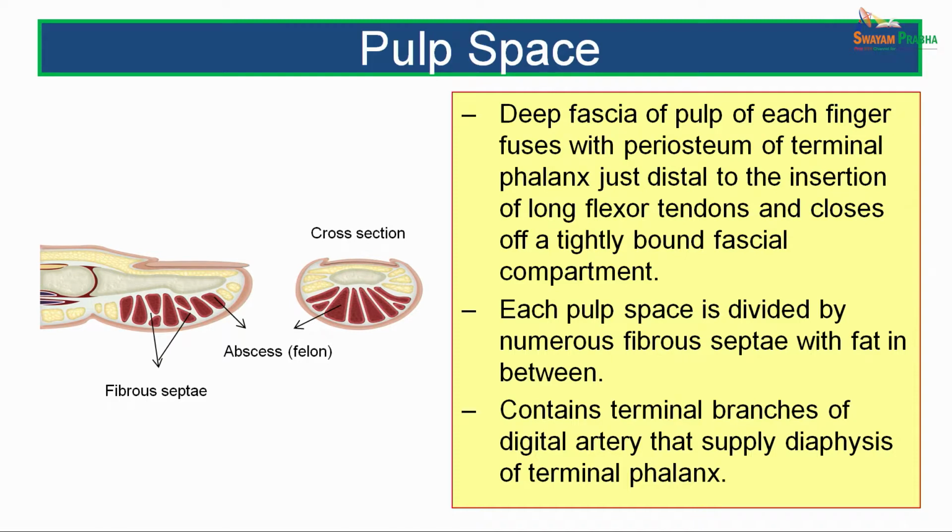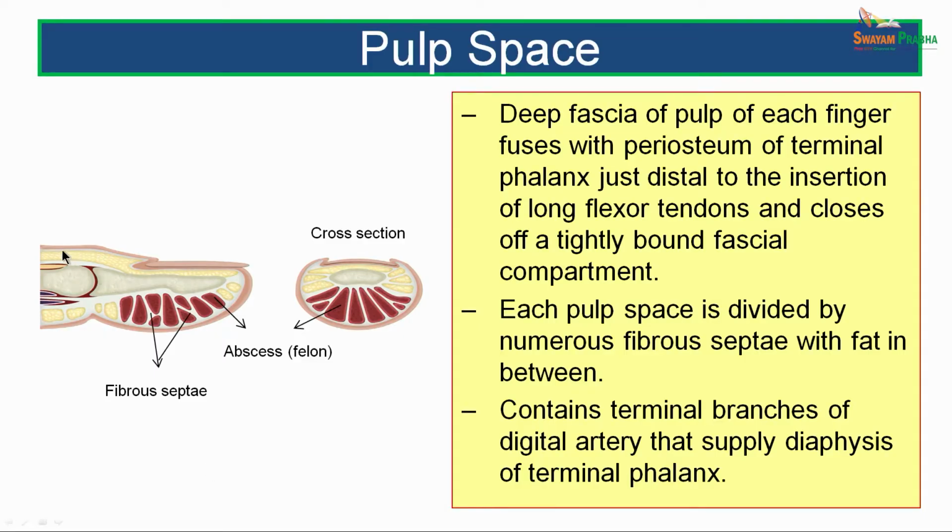These digital arteries pass through the fibrous septae and supply blood to the terminal 4/5 of the distal phalanx, whereas the proximal 1/5 of the distal phalanx receives blood from different digital arteries which do not pass through the fibrous septae. The same is seen here in this picture.